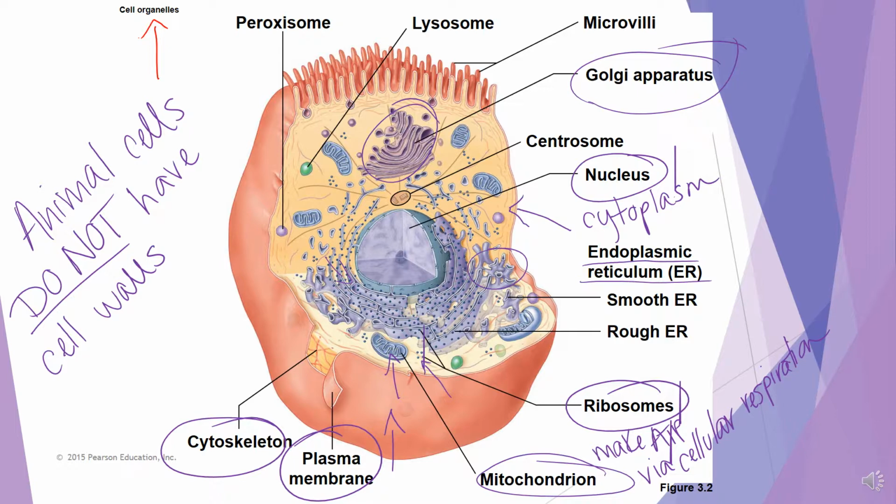If you see these little vesicles here, it'll package them in vesicles, and these vesicles can transport substances around the cell, or you can actually see it here happening. They can actually transport molecules outside the cell.